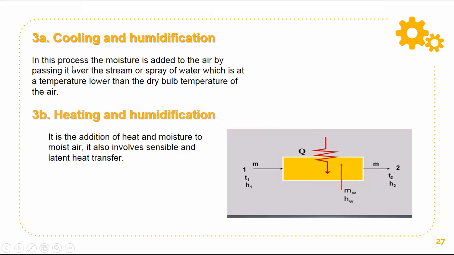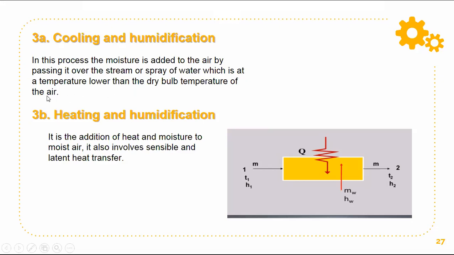So in this process, specifically for cooling and humidification, moisture is added to air by passing it over a stream or spray of water which is at a temperature lower than the dry bulb temperature of the given air. So take note of this. When air is to undergo cooling and humidification, the temperature of the cooling water that should be used is lower than the dry bulb temperature of air.